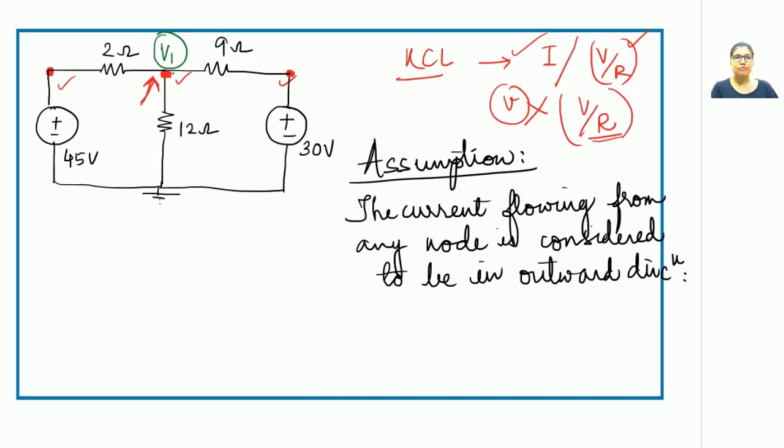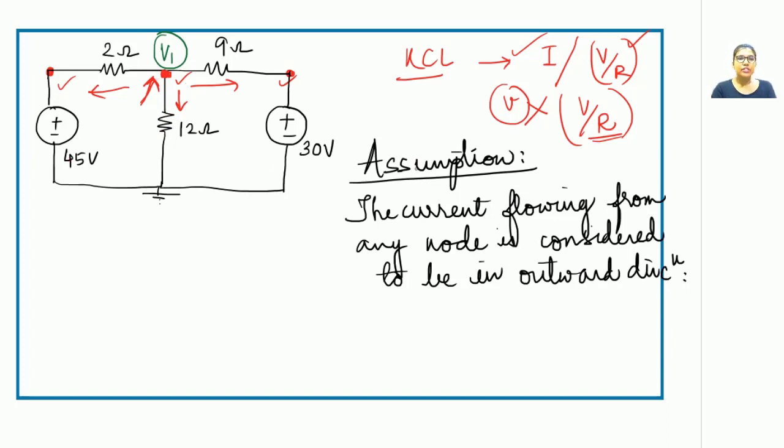Say, for example, if we are considering right now only one node, that is V1, then the current flowing from this node is assumed to be flowing in the outward direction only. No currents are allowed to flow in the inward direction. This is a basic assumption that I follow. Is this part clear? Now I have to write the KCL equation.